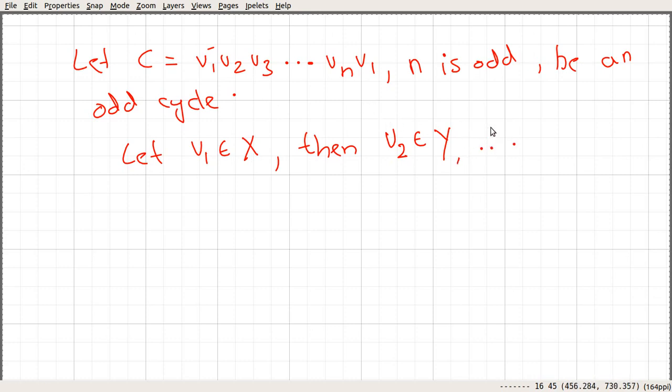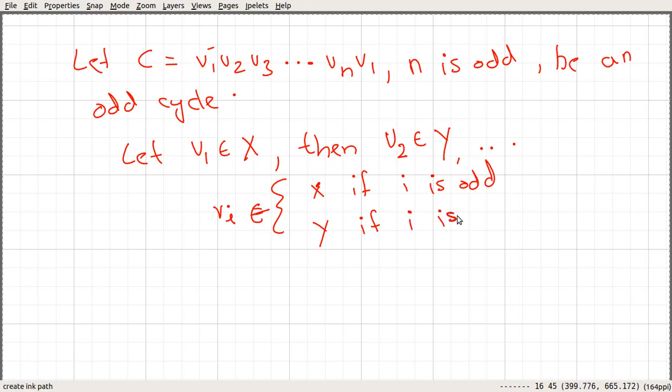In general, Vi is an element of X if i is odd, and it is an element of Y if i is even. That is how we build this cycle, right?